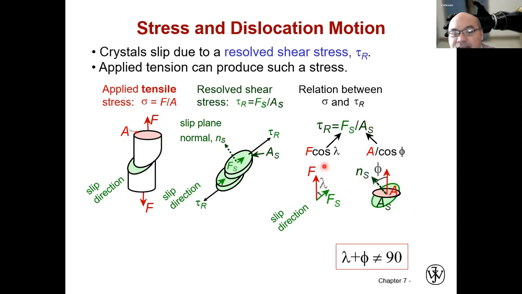Then As is the area of the component that slips, which equals A, the area where the axial tension is applied, divided by cosine phi.